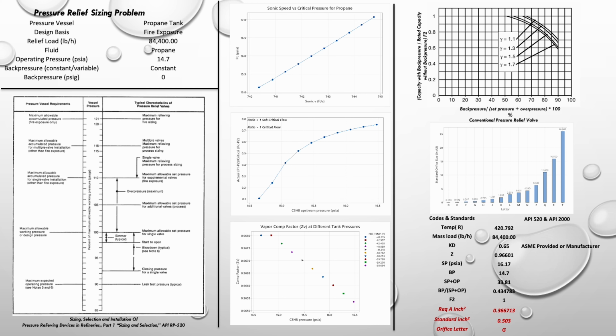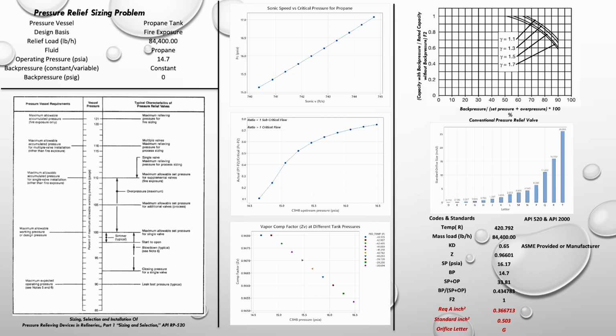That's where it's coming into these calculations. You add that to the set pressure, which is what you need not exceed in the heat exchanger, for example. And you're already aware of the back pressure. From there, you're going to get something called the F2, which is basically the effective back pressure factor.